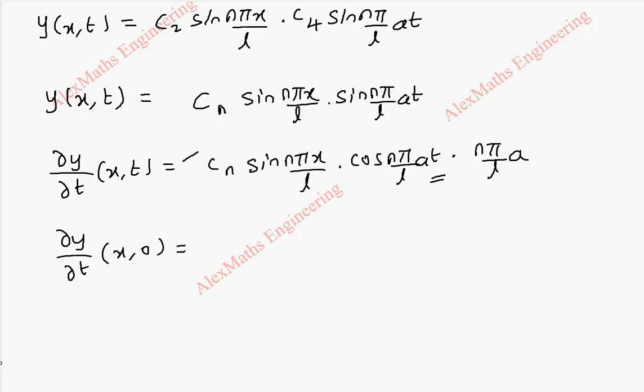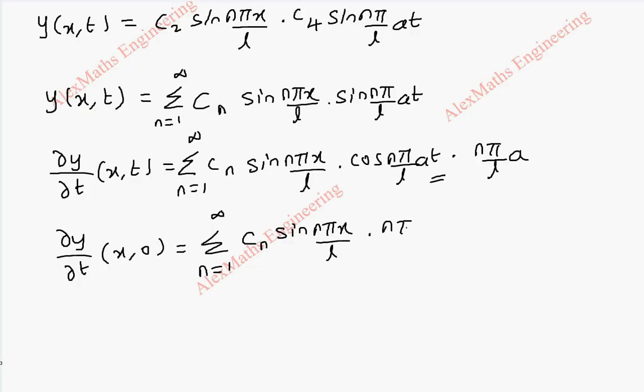We can also take the summation here, n is from 1 to infinity. Even here, when we have constant and other terms, we take n from 1 to infinity. And now this will become summation from n equal to 1 to infinity Cn into sin n pi x by L into n pi a by L, because this term becomes 1 when t is 0.